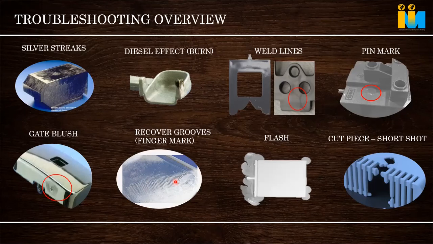Nothing is properly passing to the cavity area. So first that has to be fixed. People fix it by injecting so fast, sometimes overly fast. But it is better to solve it by increasing the gate size a little bit, or the volume of the gate, like the gate design we spoke about yesterday, or by increasing the injection pressure. If injection pressure in the machine has been kept very low, increase it a little bit.